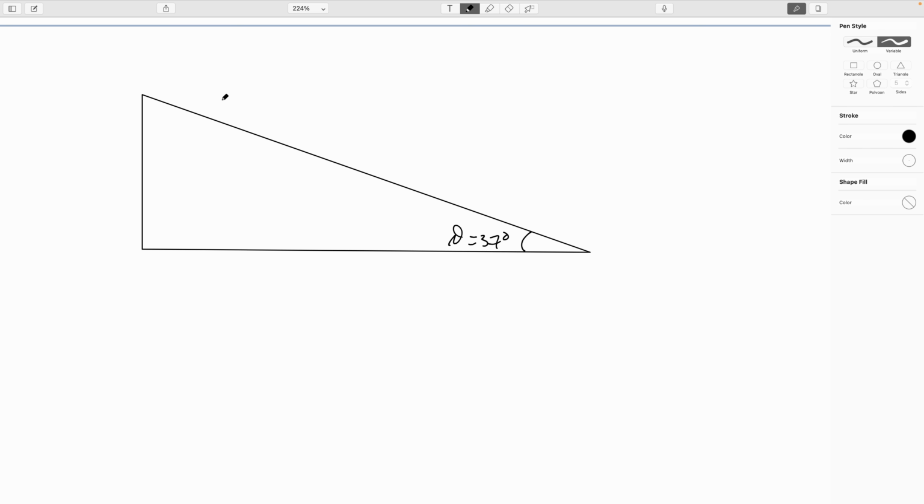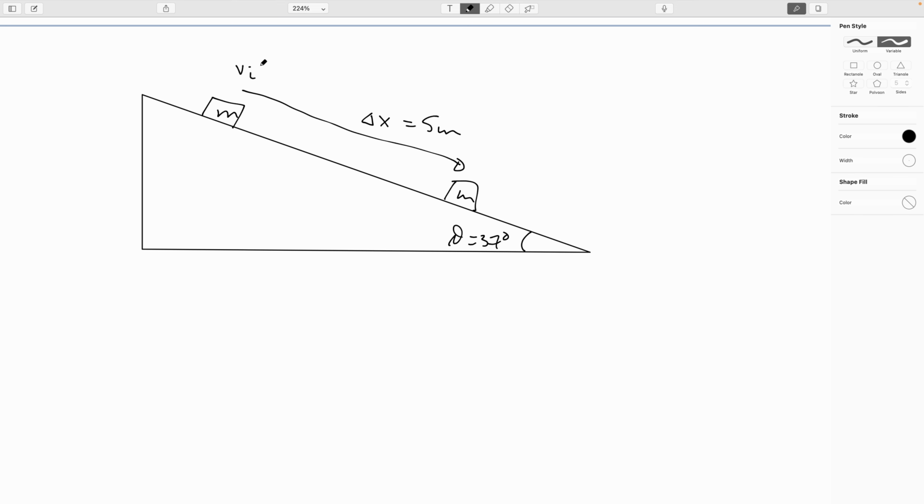So let's say that I have a box here, and we're going to let it slide down 5 meters.